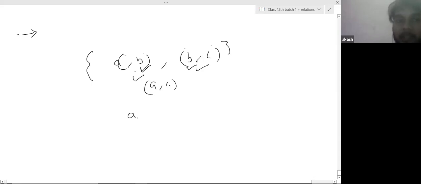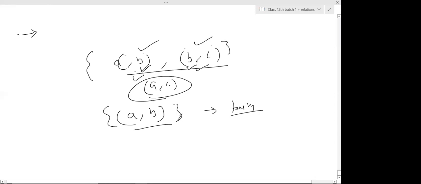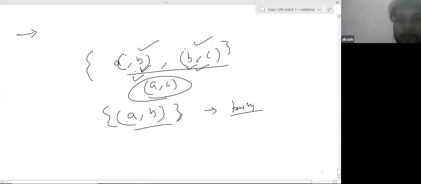It is not saying that if you have A comma B, then you must have B comma C. This is okay with transitive. If there is only one element A comma B, this is transitive. It is saying that if you have both A comma B and B comma C, then you must have A comma C as well. Is this clear? Yes, sir.